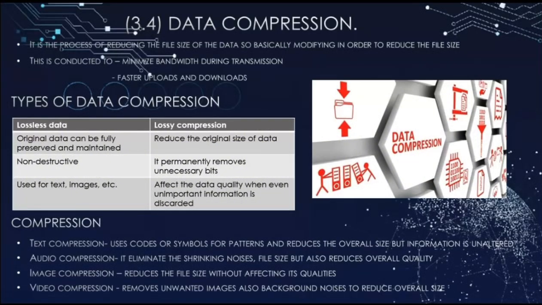Text compression uses codes or symbols for patterns and reduces the overall size, but information is unaltered. Audio compression eliminates noises and shrinks file size, but also reduces the overall quality. Image compression reduces the file size without affecting its quality. Video compression removes unwanted images and also background noises to reduce overall size.